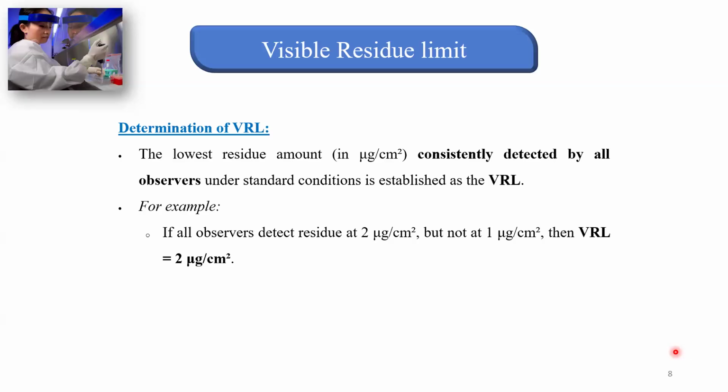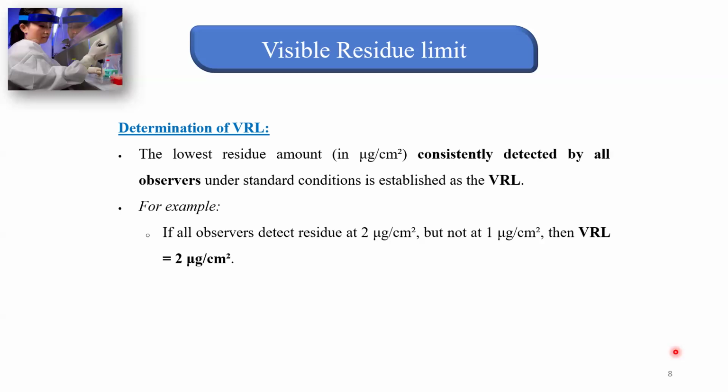For example, if all observers are able to see the residue at a level of 2 micrograms per square centimeter, but they are not able to see it at 1 microgram per square centimeter, then the VRL is established as 2 micrograms per square centimeter. The key word here is consistently.